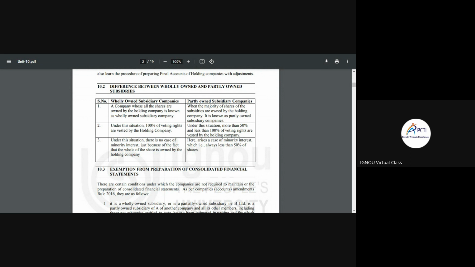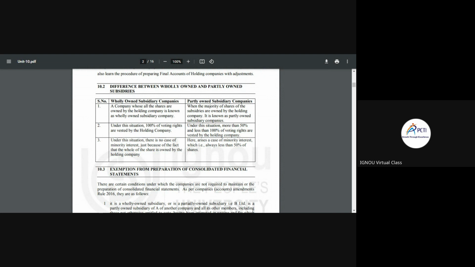Then, in the case of a partly owned subsidiary company, more than 50% but less than 100% of the voting rights are vested in the holding company. Next, there is no case of minority interest in a wholly owned subsidiary, because all the shares are with the holding company, so we don't need to calculate the minority interest.